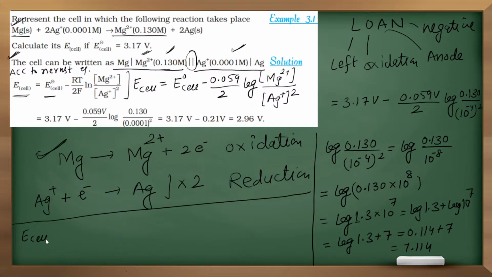So in this way, E cell equals 3.17 minus 0.059 by 2 into 7.114.